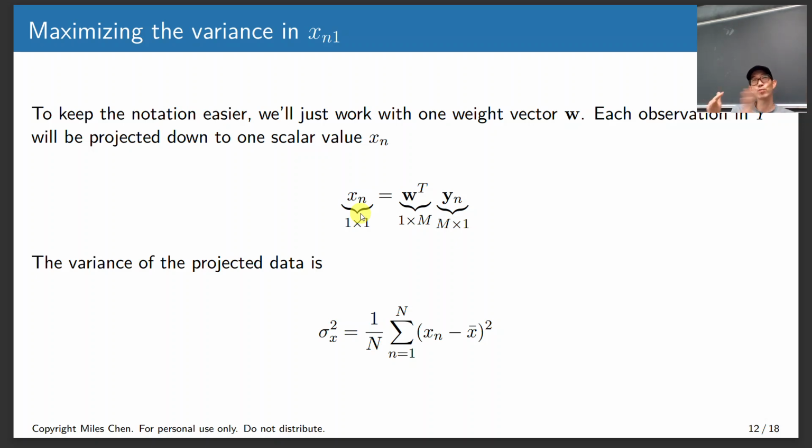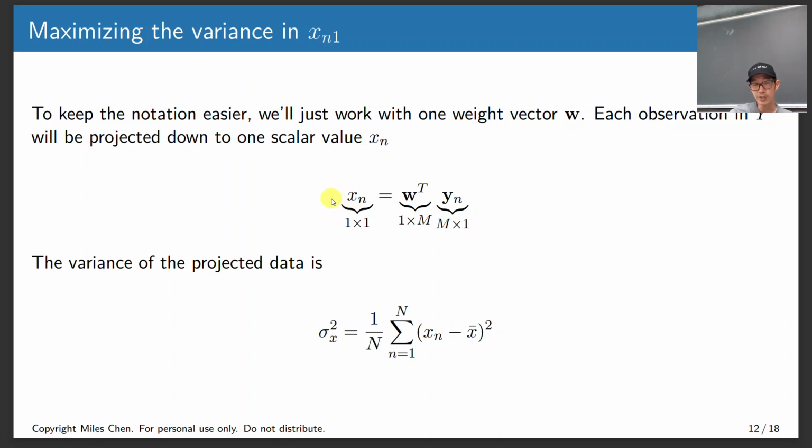So if y is 3-dimensional, w will be a vector of length 3, which tells us how to mix the different components of y together into one component. So w is a vector of length m. Each observation in y is a vector of length m as well. And when you do w transpose y, you'll get a single scalar value.